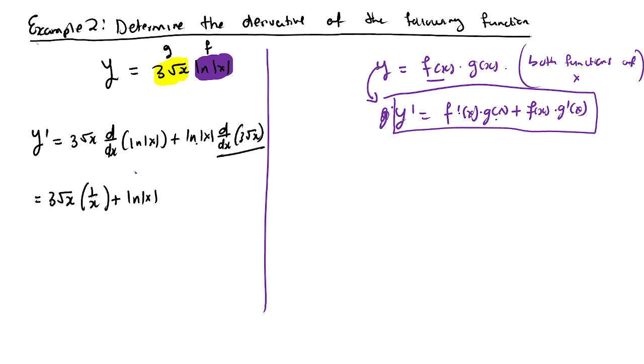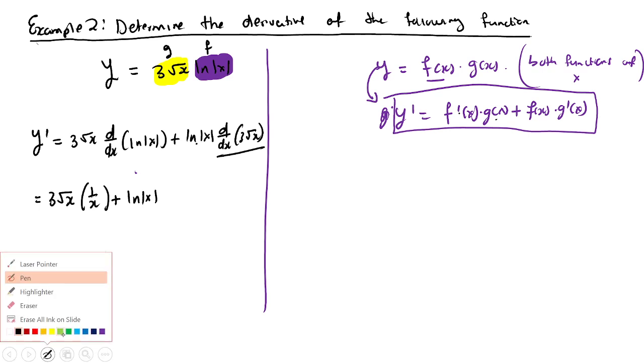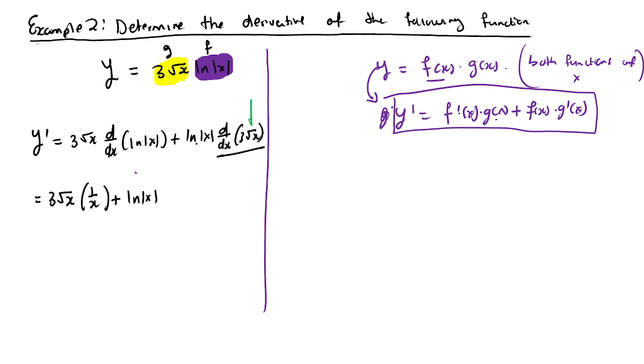For us to determine the derivative of 3 square root of x, we first need to make sure that we change this radical. After changing the radical, we're going to apply the power rule that I mentioned in the previous video, that if you have y equals x to the exponent n, then the derivative is going to be n x to the exponent n minus 1.